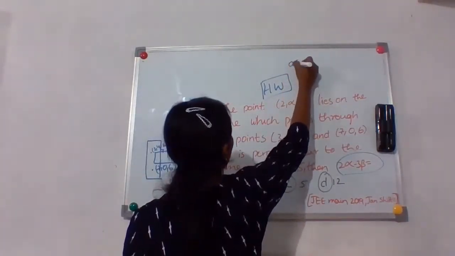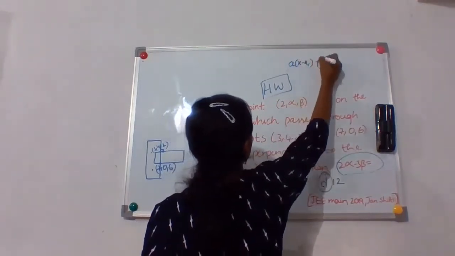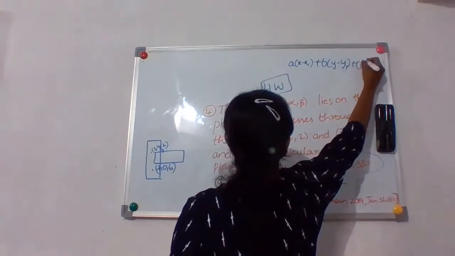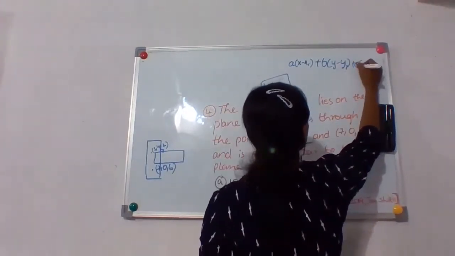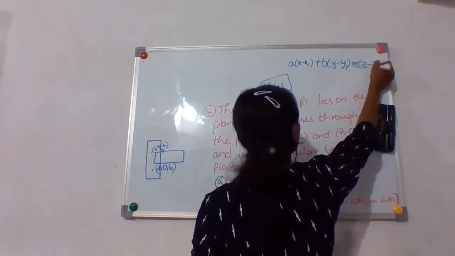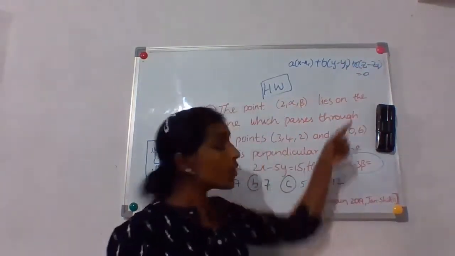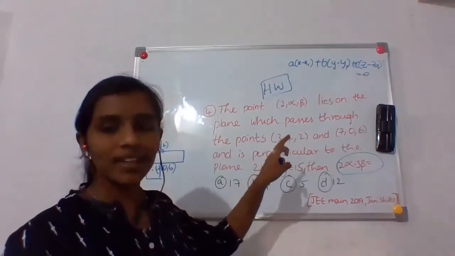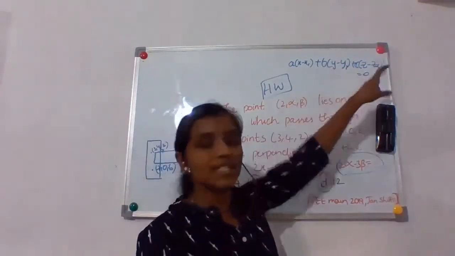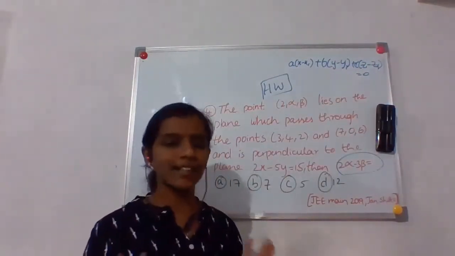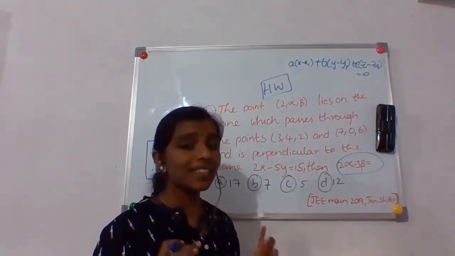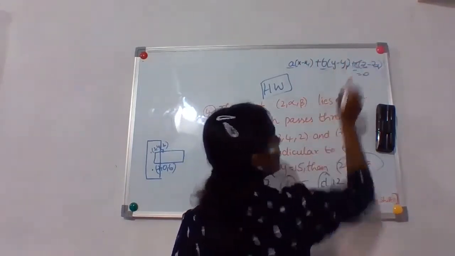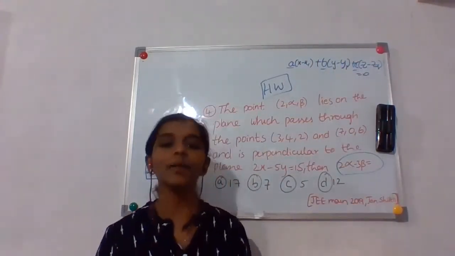It is a(x minus x1) plus b(y minus y1) plus c(z minus z1) equals 0. Sorry, this is the 1-point form, right? In this, I know x1, y1, z1 because I have 2 points and can take any 1 point. But the thing that I have to find out is a, b, c, the direction ratios of the normal of the plane.